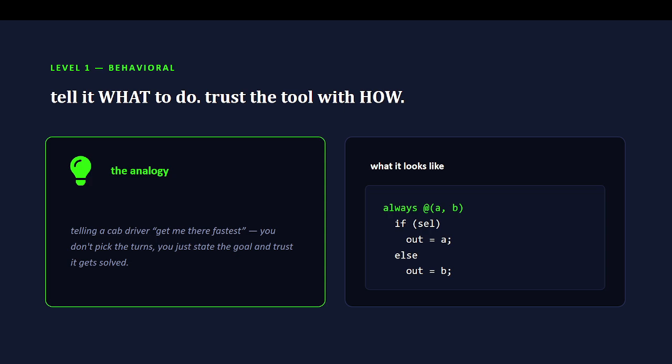Let's start at the top, behavioral modeling. Here is the electronics analogy that's gonna make this click. Think about how you use an IC from a data sheet. Let's say you are using a 555 timer chip. You don't know, and honestly you don't care, what's happening in the internal transistors, the internal comparator, the internal flip-flop inside the chip.